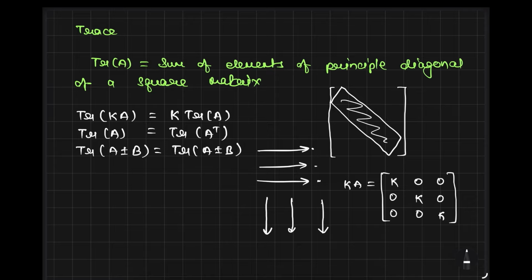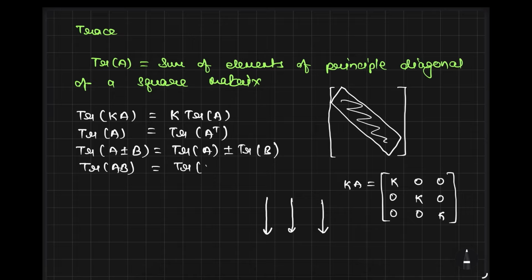Trace of A plus minus B will be equal to, independently, trace of A plus minus trace of B. Okay, so this way you can proceed. Then we have trace of AB. Suppose that you have multiplied matrix A and matrix B, and you can also go with trace of BA, and it will still be the same.